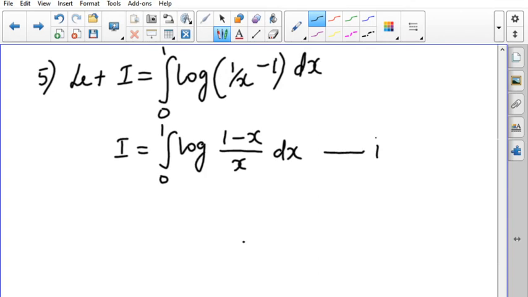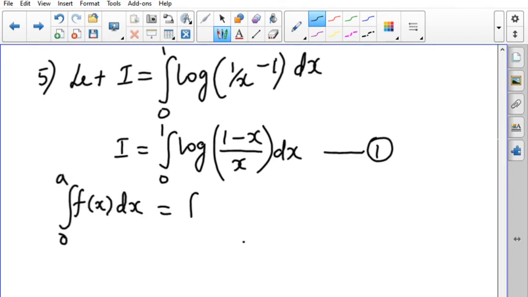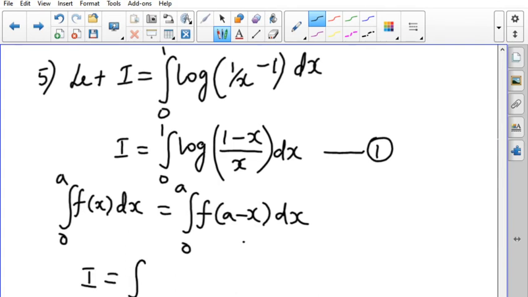Take this as equation number 1. Now the property we are going to use is integral 0 to a of f of x dx is equal to integral 0 to a of f of (a minus x) dx. According to that property, I becomes integral 0 to 1 of log of, where a is 1 here.